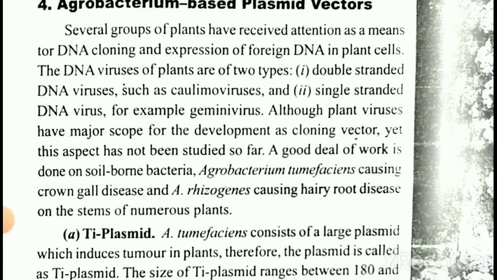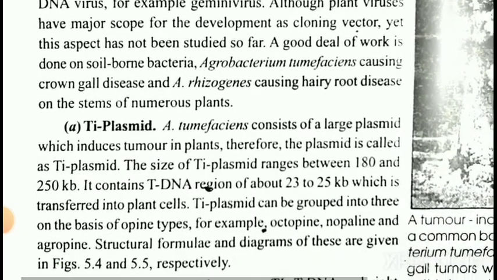Single-stranded DNA viruses, for example Geminivirus. Although plant viruses have major scope for development as cloning vectors, this aspect has not been studied so far. A good deal of work is done on the soil-borne bacteria Agrobacterium tumefaciens, causing crown gall disease, and A. rhizogenes, causing hairy root disease on the stems of numerous plants.